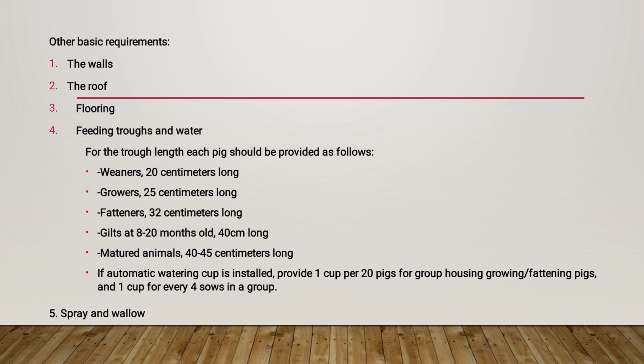And then next, the roof. So, the roof should be constructed in such a manner as to afford optimum protection against rain and variation in temperature. So, for permanent structure or housing, asbestos roofing is recommended, while for backyard or semi-permanent housing, local materials, preferably kugon, is suitable. So, for commercial raisers, ang kailangan natin is yung mga like galvanized iron.